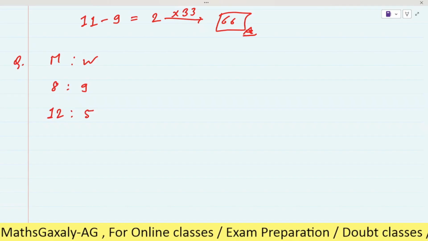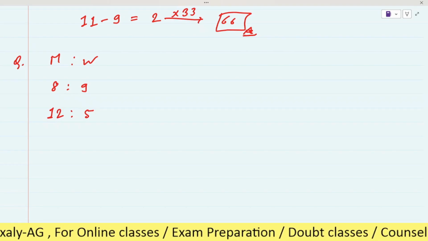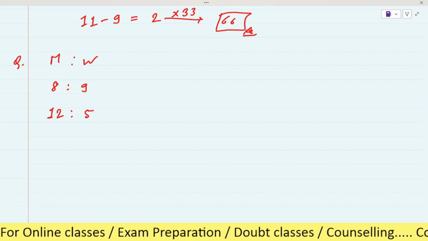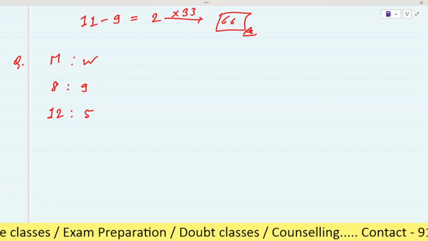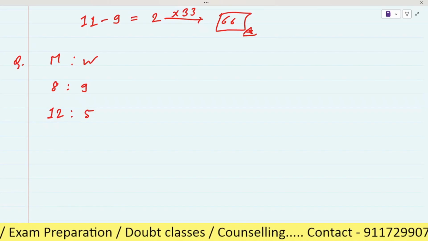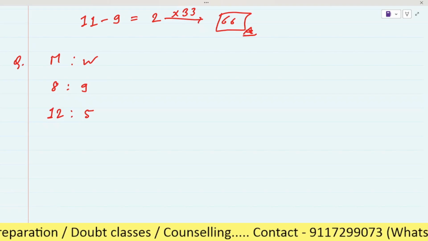Sir, 12 is to milk 5? Milk and water in the ratio 8 is to 9 and 12 is to 5 respectively.